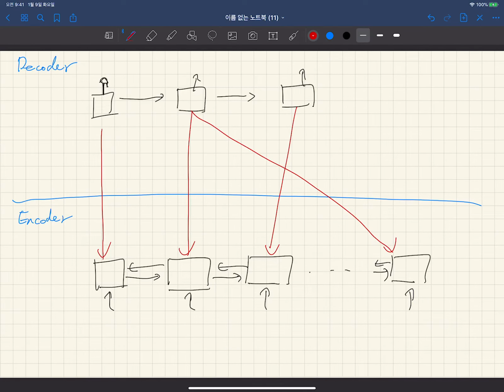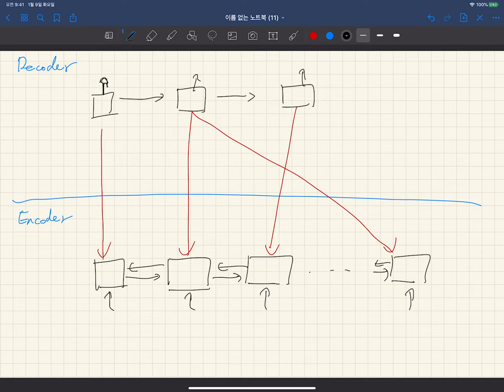Sometimes this is very important. But we don't know a priori. We have to adaptively learn where to look to generate the current corresponding French word. To do this, we can consider a kind of attention mechanism.